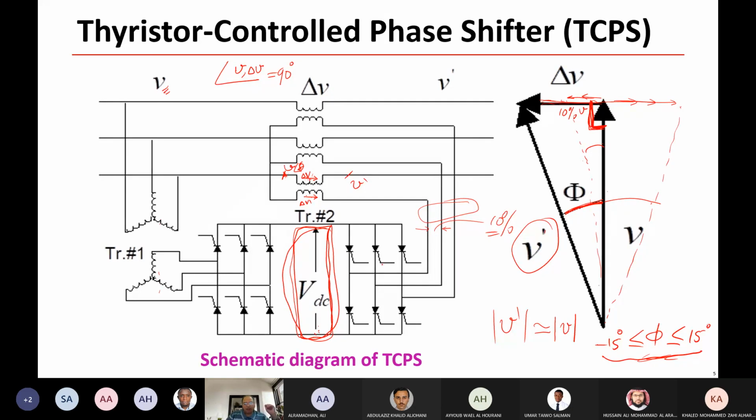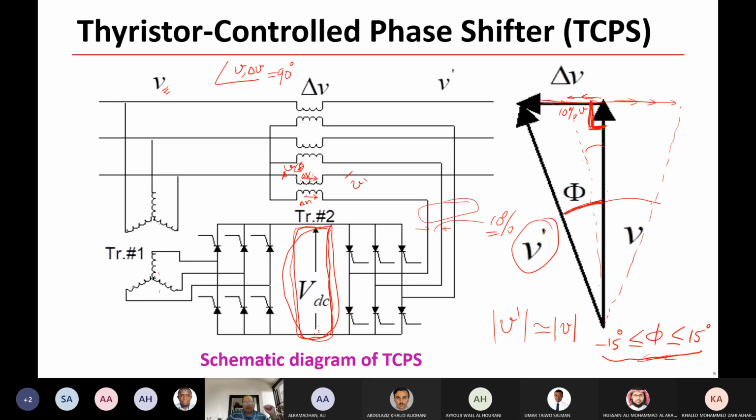You mean if we have this transformer, this primary is swapped, for example, to another? Yes. Yeah, of course. But you need the voltage of this phase and the voltage of this phase to be 90 degrees. Okay, we need 90 degrees.